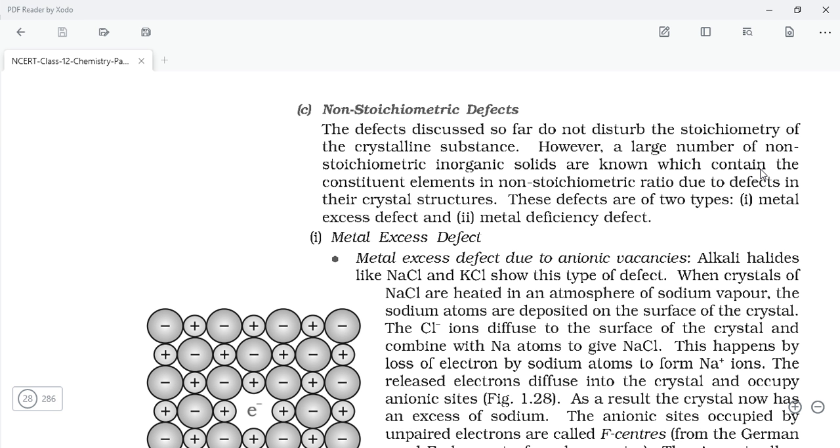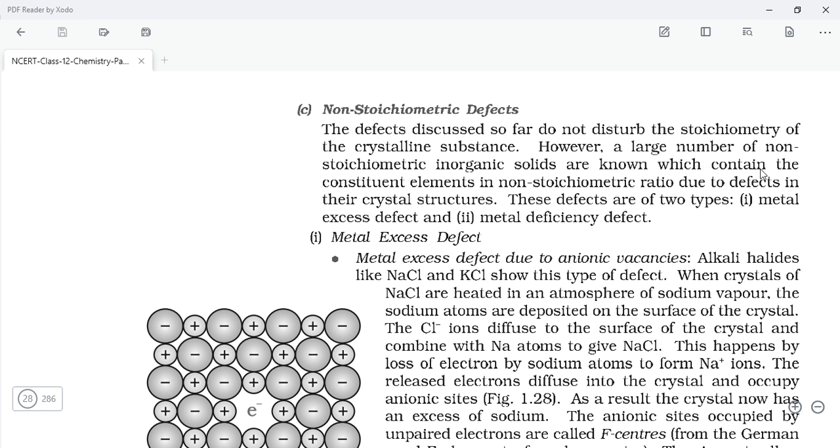Okay, first, metal excess defect due to anionic vacancies. Alkali halides like NaCl and KCl show this type of defect. When crystals of NaCl are heated in an atmosphere of sodium vapor, the sodium atoms are deposited on the surface of the crystal.